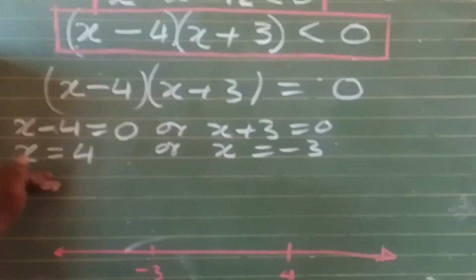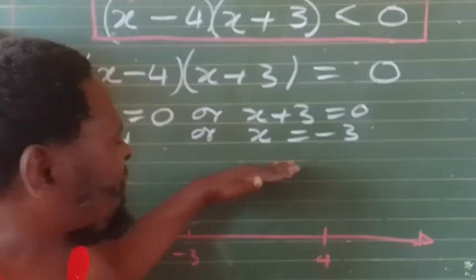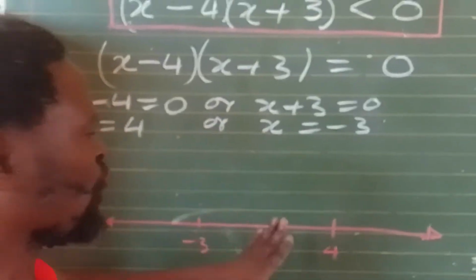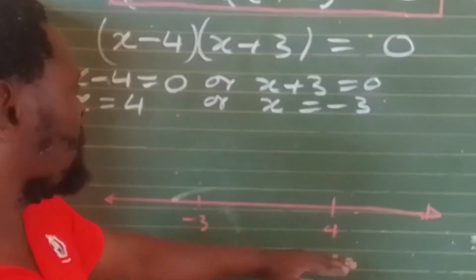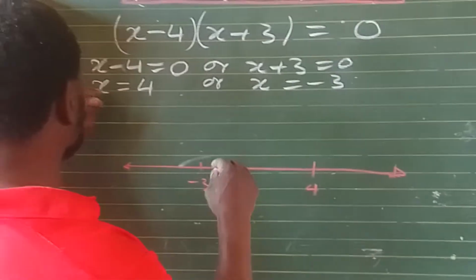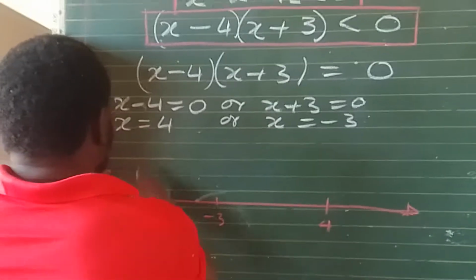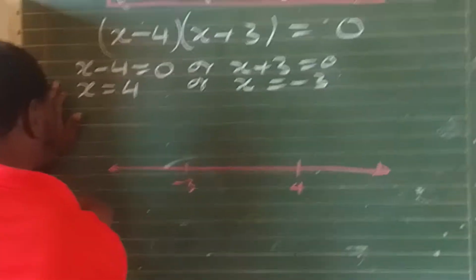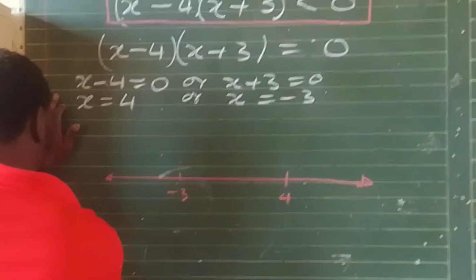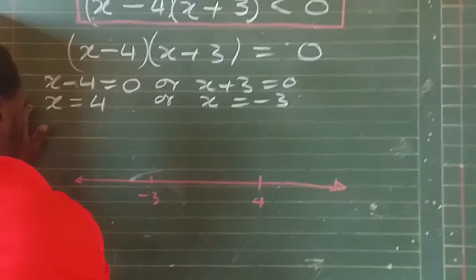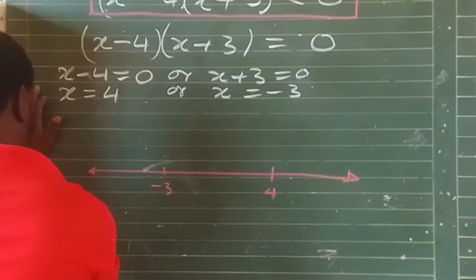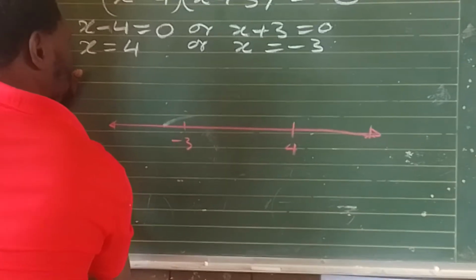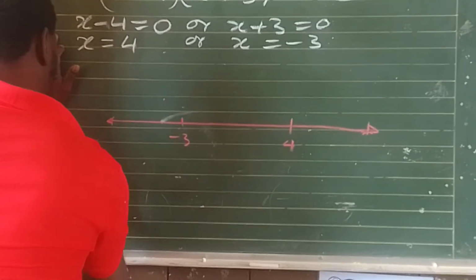Then at the same time, you can do this in the metric, you can do it now, but I will show you various ways of solving it. You are going to substitute the value of x. Here you have x minus 4 and x plus 3.